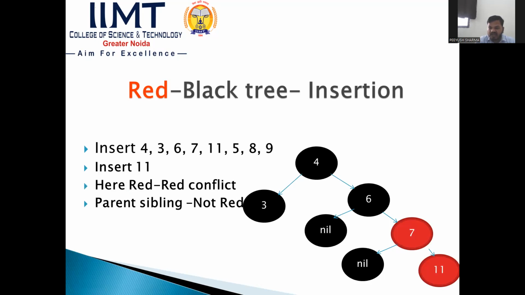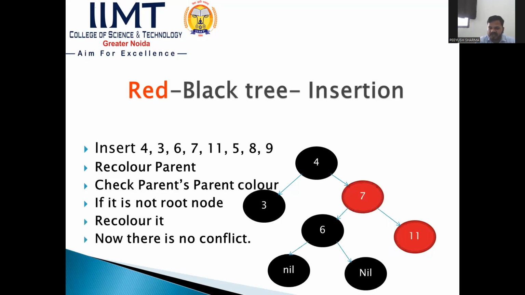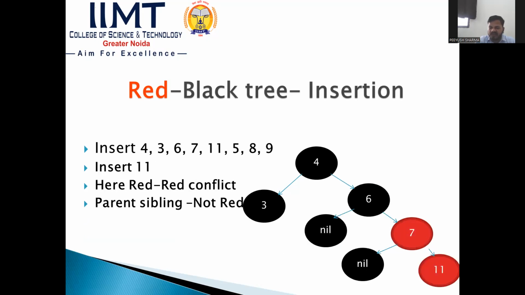Nil has no data, but every leaf node is of black color. So 6's left node is nil, which is black, and this tree is not balanced. So how will we balance it? We have to rotate, right?